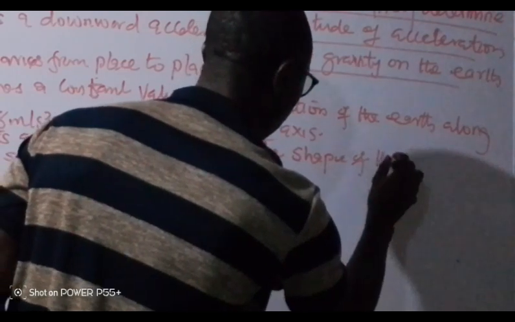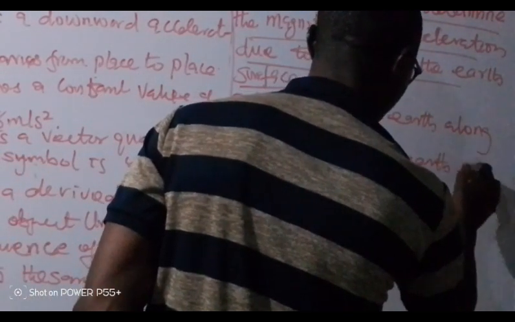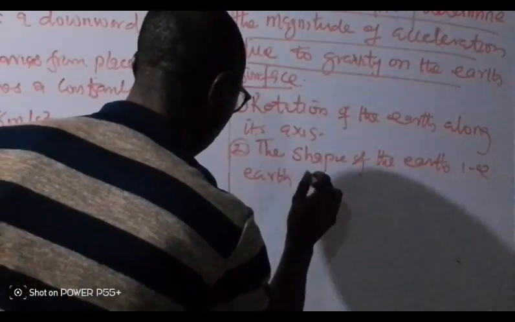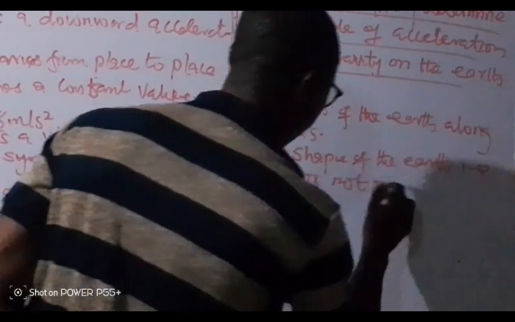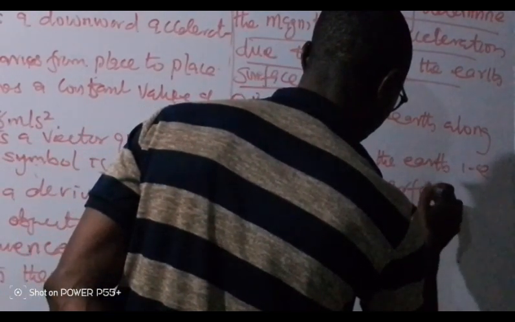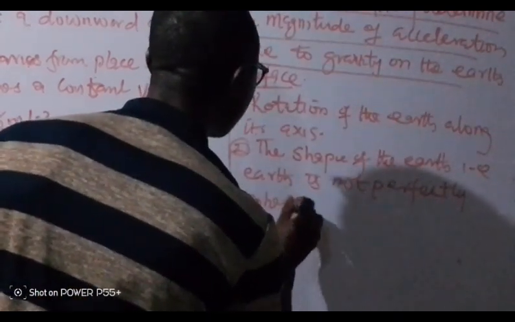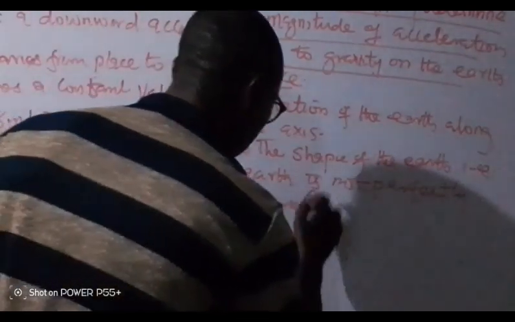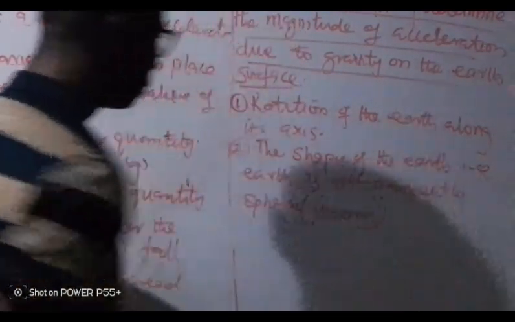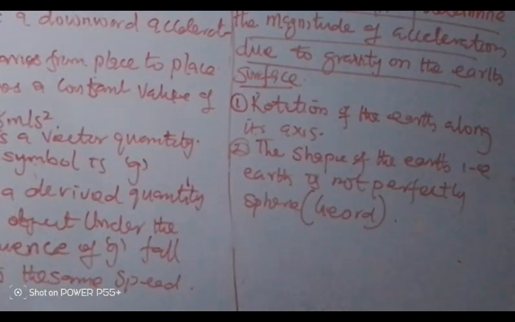That is, the Earth is not perfectly spherical in shape, but it is a geoid.